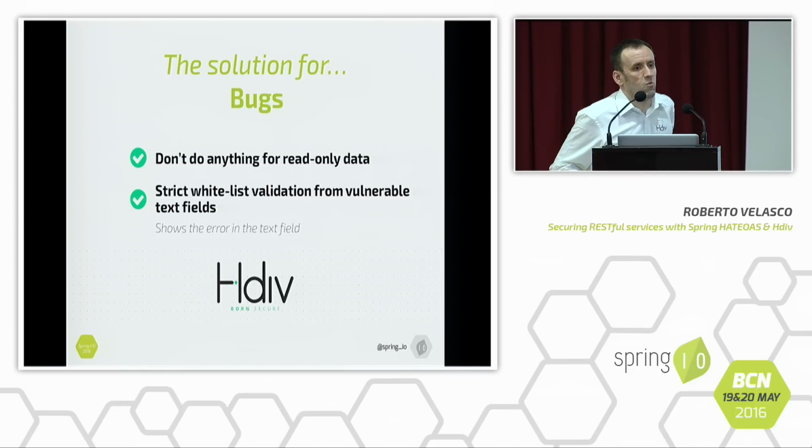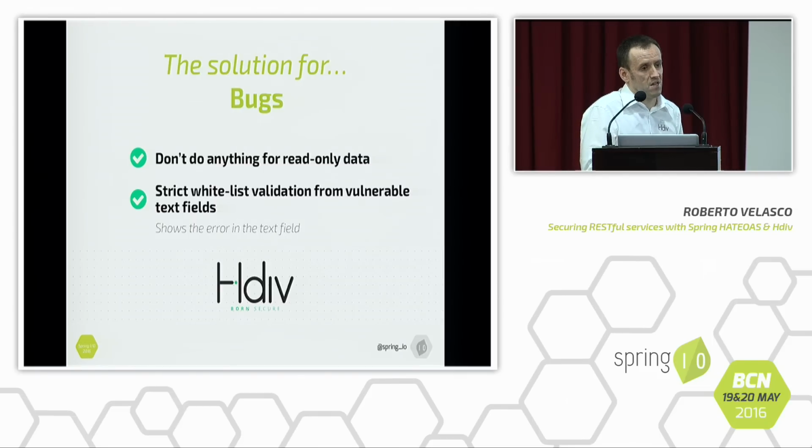So basically, which is the task that is implemented by HDIV? Regarding the bugs that we have detected in read-only data, in data that we are validating, we don't do anything. If we know that we are validating a data, even if we have the vulnerability in the code, it doesn't matter. It's not going to work, because we are validating already. Regarding the rest of the data, we can apply a whitelist validation.